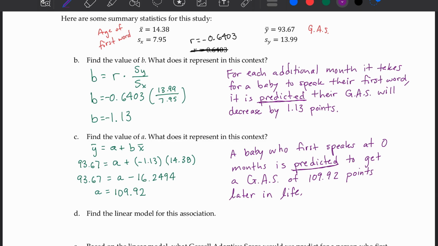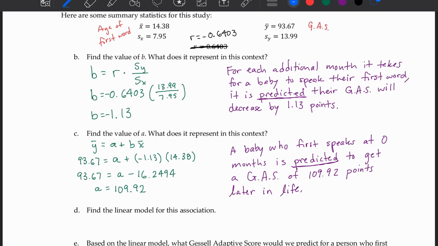I think the baby probably won't do very well on it. Also, this is a nonsensical idea. There's no baby who just comes straight out of the womb and is like, hey, what's up? How's it going? Can I get some ice cream? So obviously this is a prediction that is a bit of an extrapolation, okay? Remember, extrapolations are very dangerous when it comes to trying to predict.